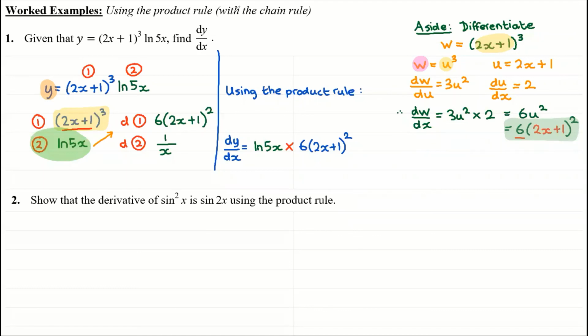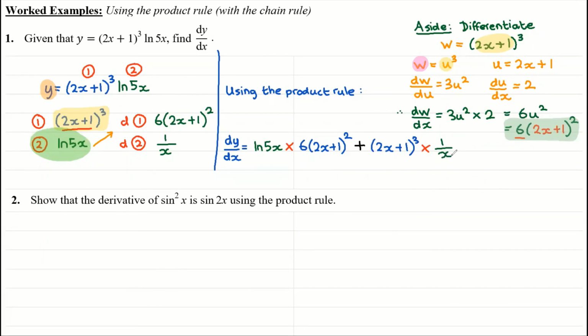So there's an addition, even though it's the product rule, we have to add. And then we do 1 multiplied by the derivative of 2. So the mantra is 2 diff 1 plus 1 diff 2. So that's going to be 2x plus 1 cubed multiplied by 1 over x. 2 diff 1 plus 1 diff 2.